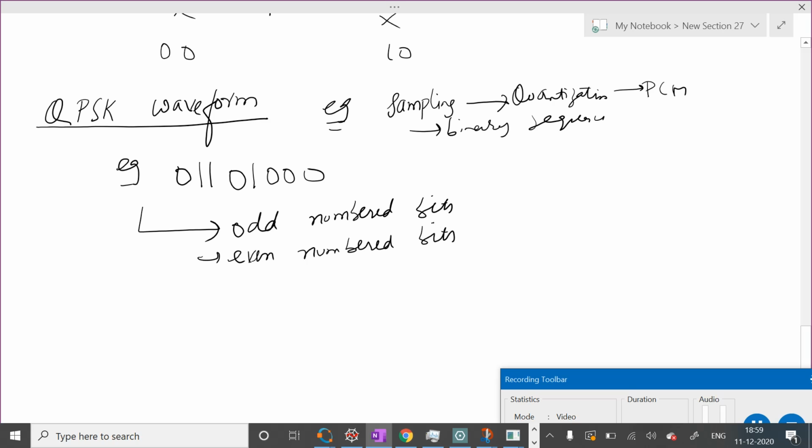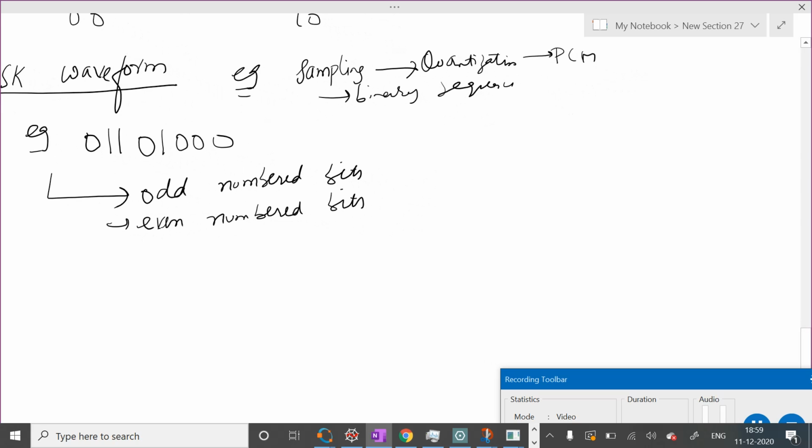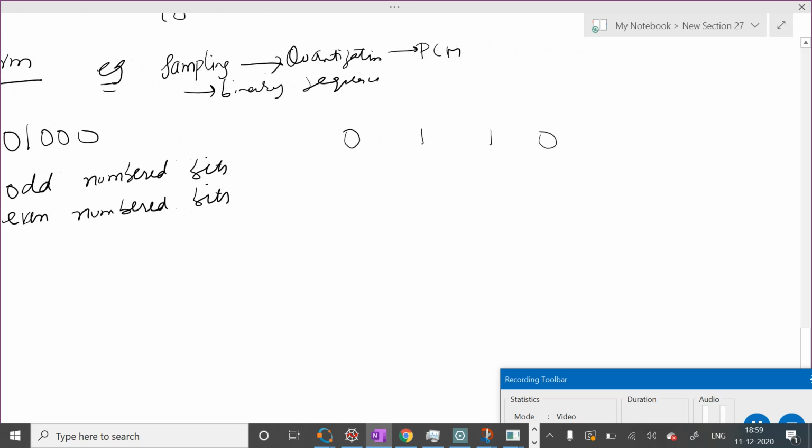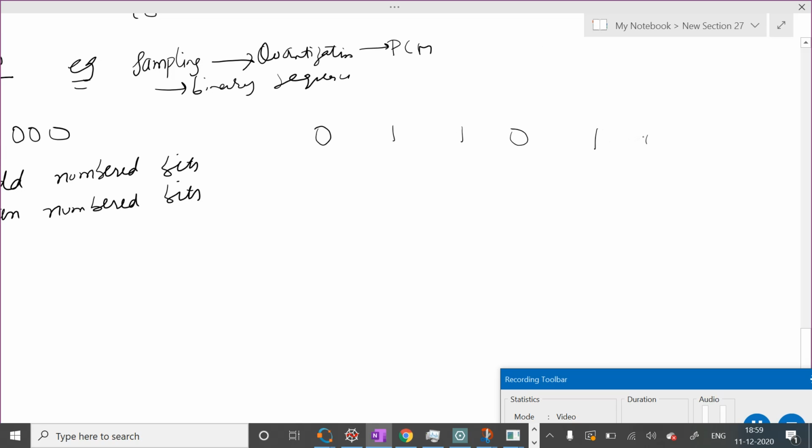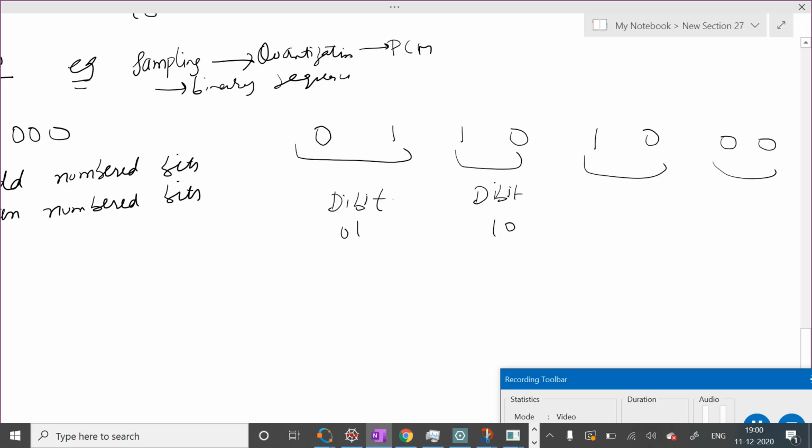So we will start it like this. 0 1 1 0, then 1 0 0 0. The two bits are paired actually, and they are called dibit also. So this is dibit 0 1, this is dibit 1 0, similarly 1 0 0 0. This is the input binary sequence.